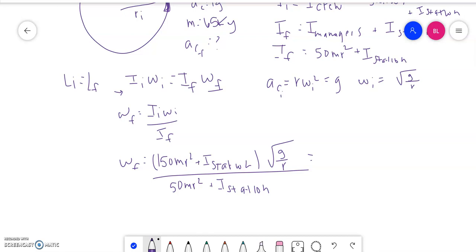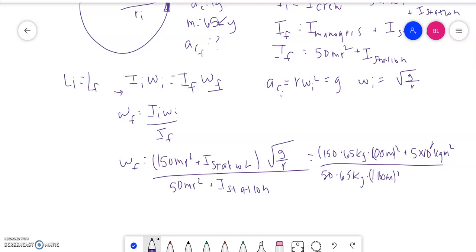And then we can now put in the values that we know. 150 times 65 kilograms per person times the radius of 100 meters squared plus the moment of inertia of the station, 5 times 10 to the 8th kilogram meters squared, all divided by 50 times 65 kilograms times 100 meters squared plus 5 times 10 to the 8th kilogram meters squared.